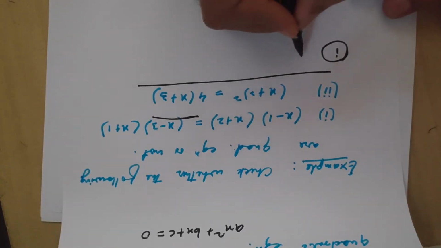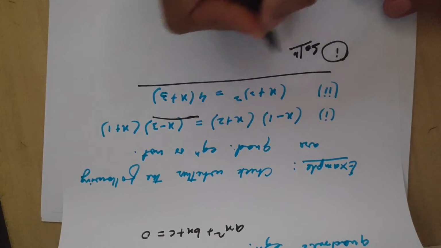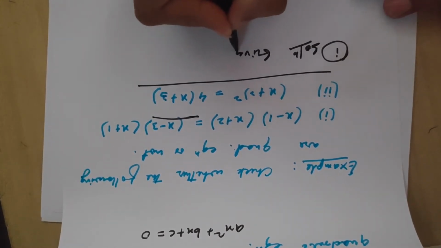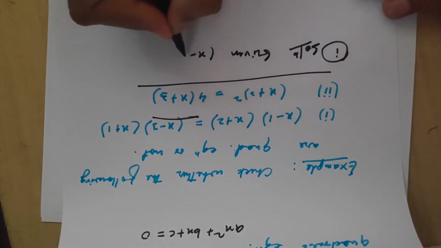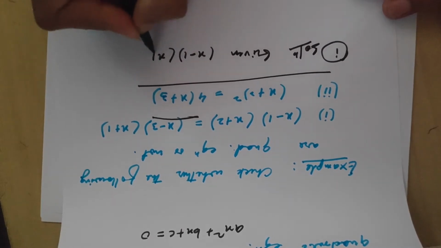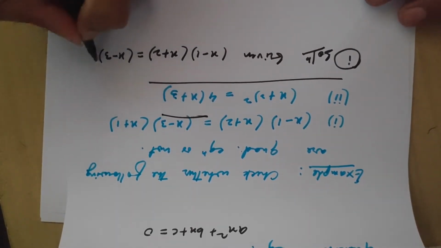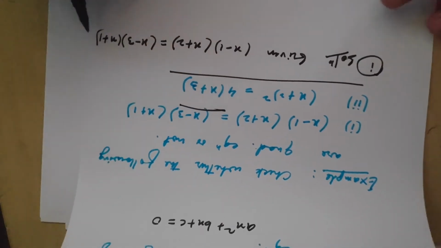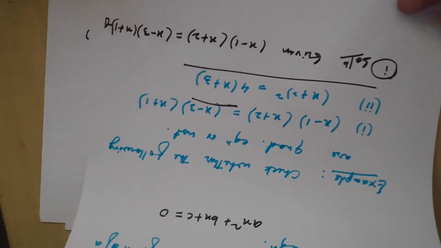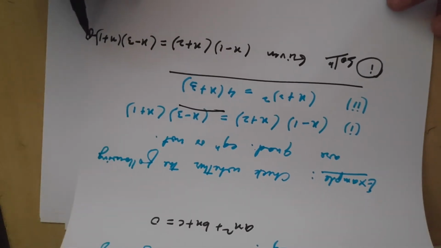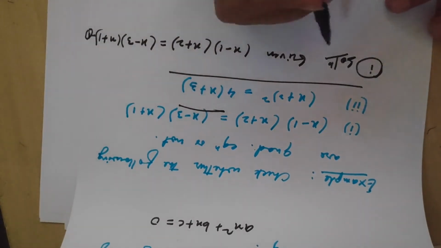So we can write the solution: given x minus 1, x plus 2, x minus 3 and x plus 1 as equation 1. I'm giving here equation 1. So this is your equation 1.